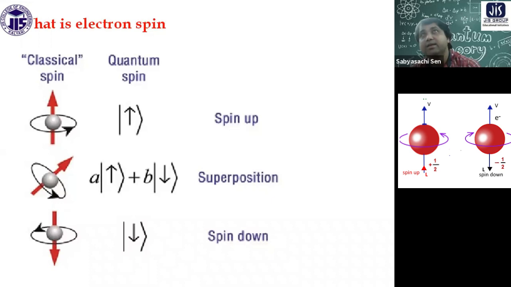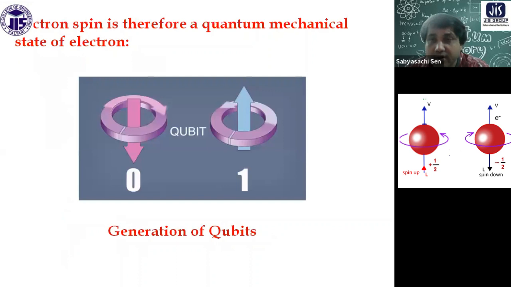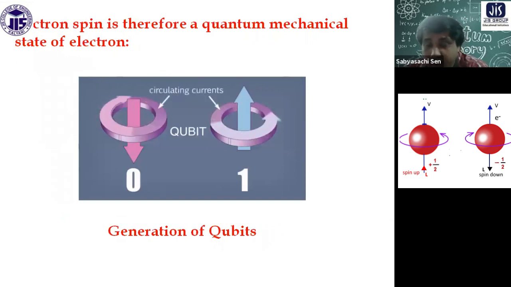Classically, up and down come from the electronic motion. Now, up may be one quantum mechanical state and down another, but their mixed states are also allowed states. So spin is the key, a magnetic property of the electron, and that spin is representing the qubits in our case.